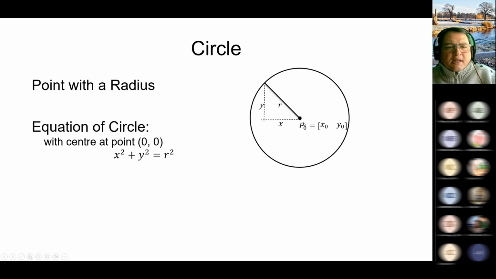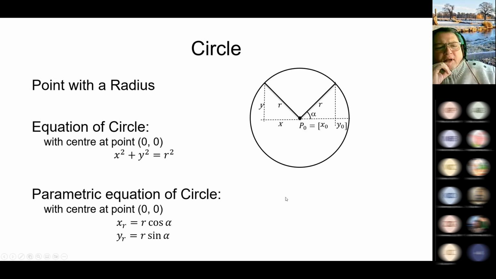Its coordinates are x and y, and together with the radius, they produce a right triangle. Okay, so this formula for the circle is just a consequence of the Pythagorean theorem. Okay, x squared plus y squared equals r squared, because r is our hypotenuse.